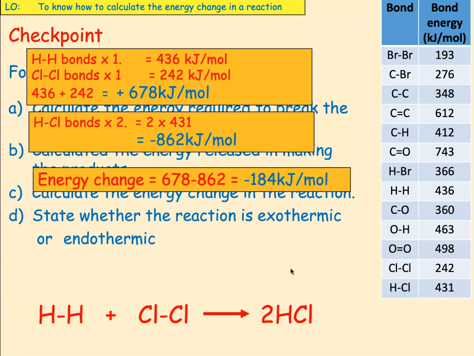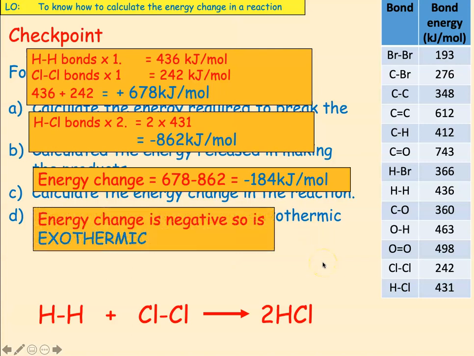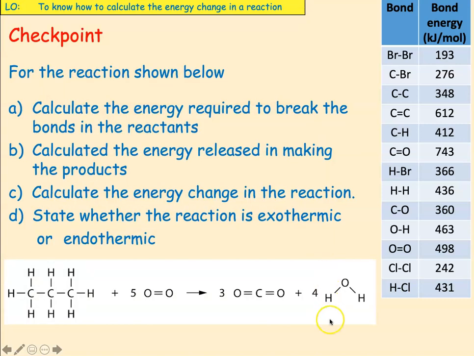Now, because it is a minus number, it means that this energy is bigger than this one, so we're producing more from releasing than we're actually putting in, and it is exothermic. Okay, so this is a little bit harder. I'm going to ask you to pause the video now and come back when you have completed this reaction.